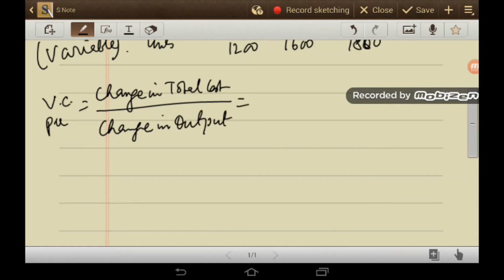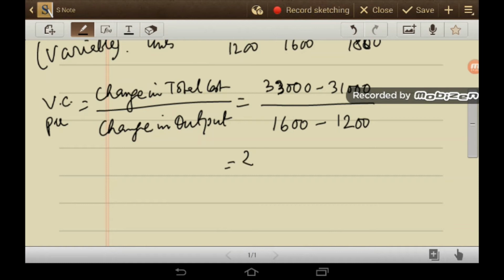In the second week the total cost is rupees 33,000 and the total cost for week 1 is 31,000. And what is the difference in production? In week 2 you are producing 1600 units and in week 1, 1200. So the difference in total cost is 2000 divided by the change in output of 400 units. So your variable cost per unit is rupees 5 per unit.